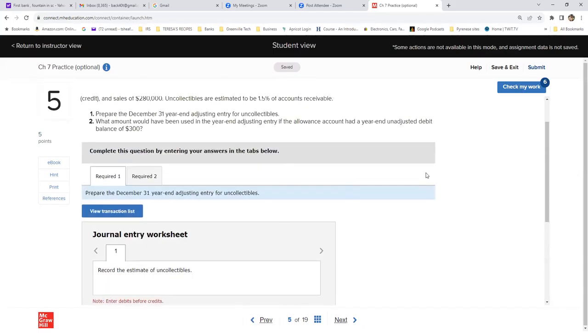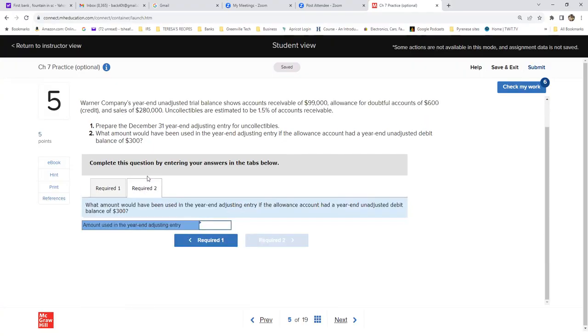And is there a part two? Oh yeah, there is a part two. What amount would have been used in the year-end adjusted entry if the allowance had a debit balance? Good question. In the case of a debit balance, you have to add that to the $1,485, and that would be $1,785. That means we overspent in bad debts the year before.